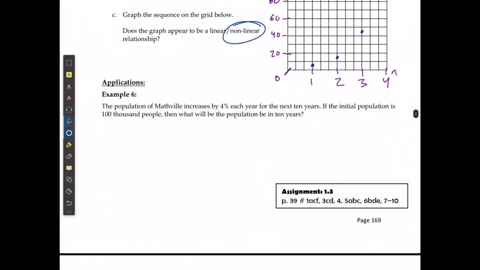If I'm taking a look at the application, the population of Mathville increases by 4% each year for the next 10 years. If the initial population is 100,000 people, what will the population be in 10 years?